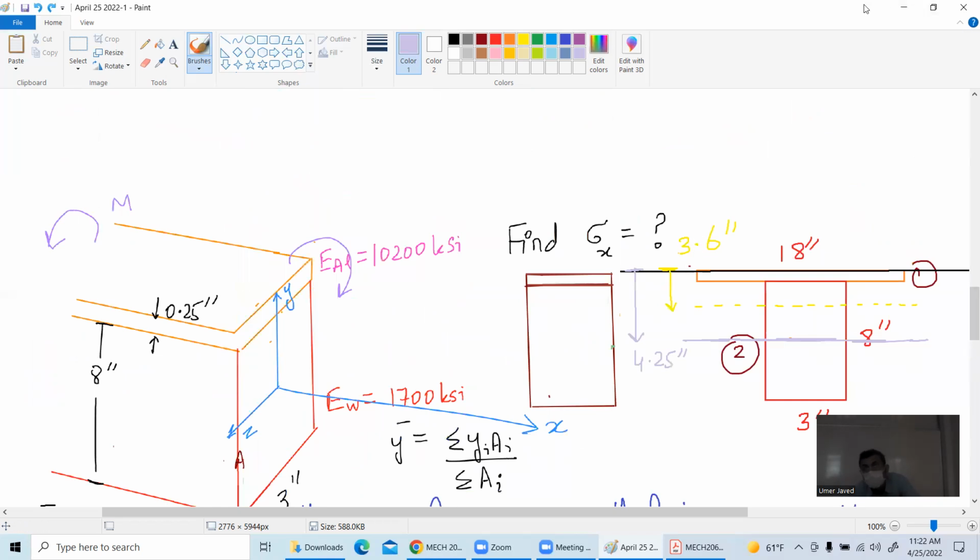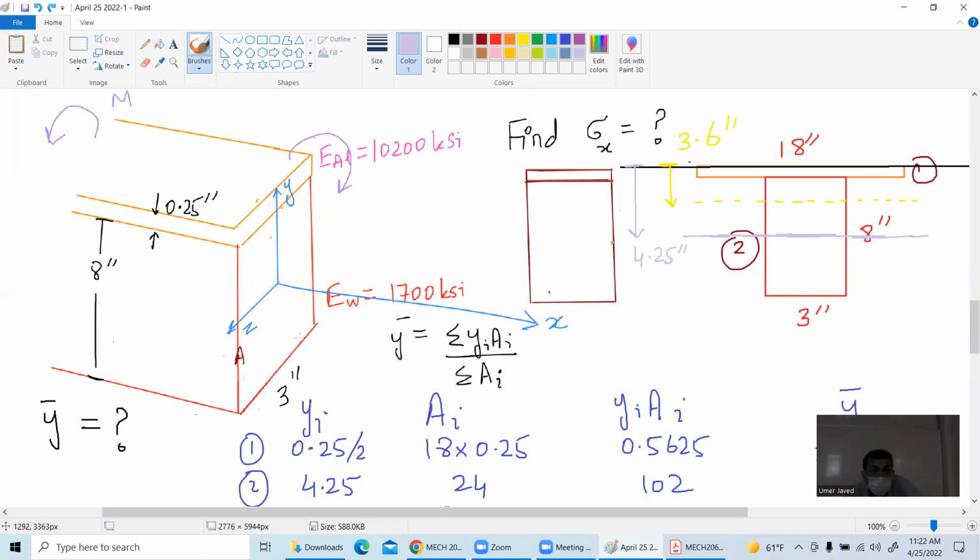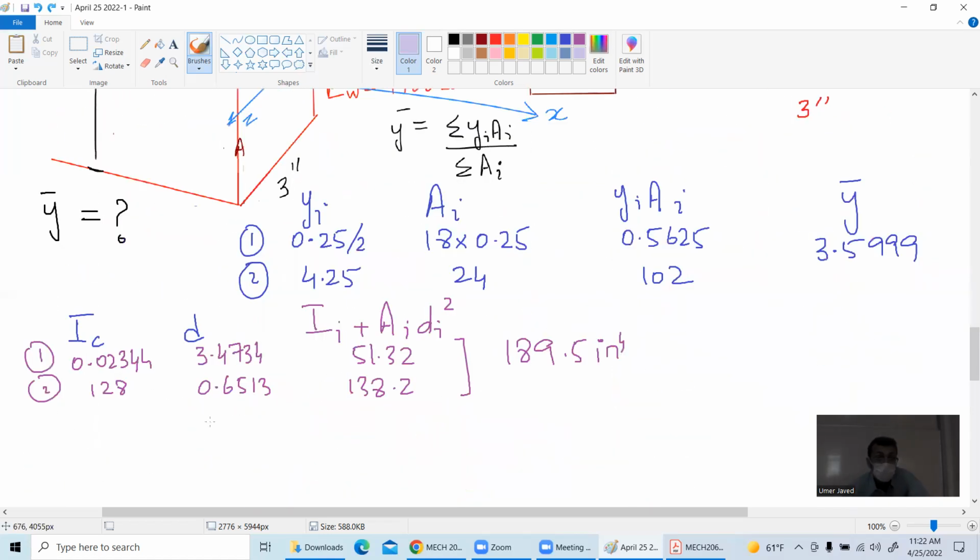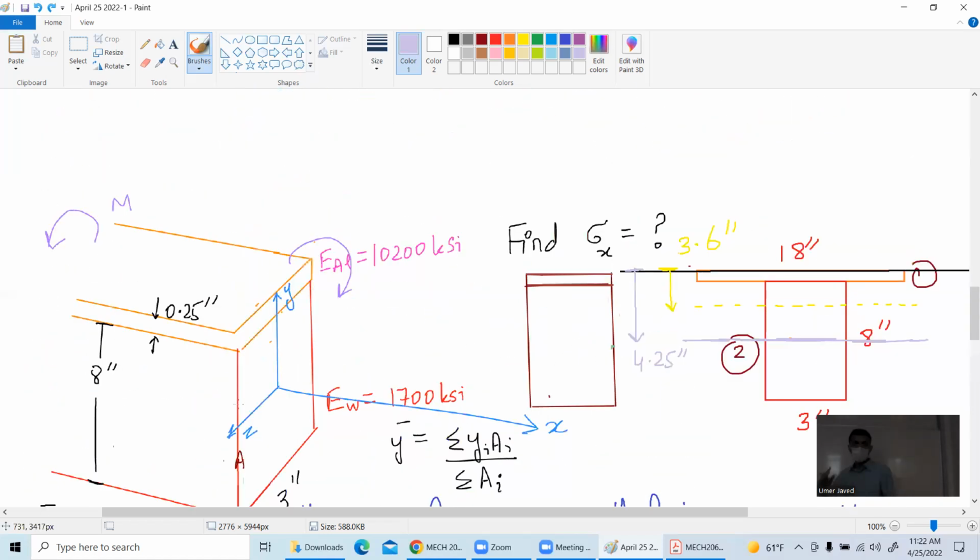Because we are deducting it from the neutral axis, so 3.6 minus 0.125. Oh, sorry. I apologize. The neutral axis is at 3.6. So 3.6 minus 0.125 gives us 3.4734. Thank you. I'm not sure why I was looking at this one. This is the centroid of this one. We have to look at the neutral axis of the structure.